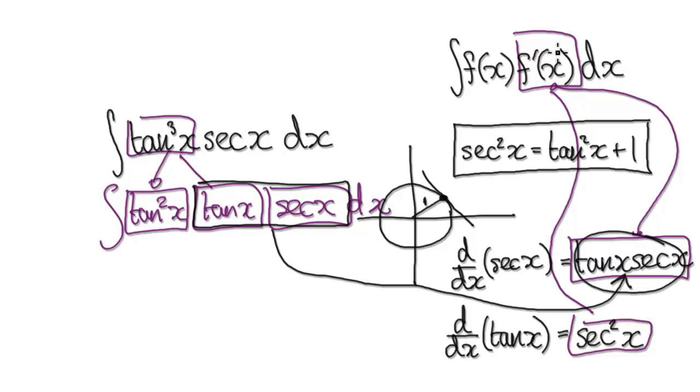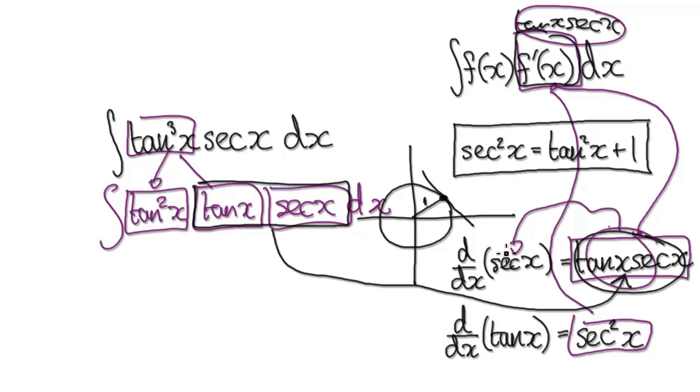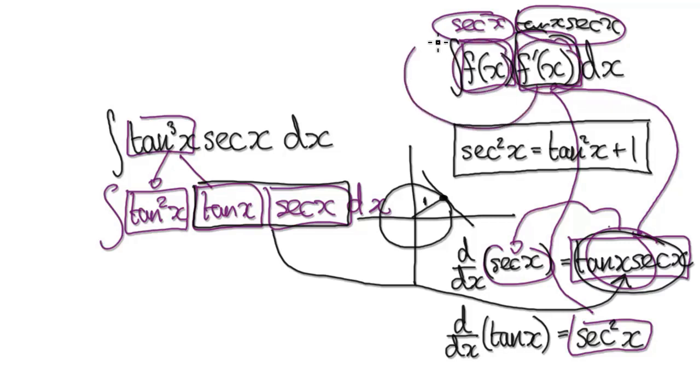This thing here is tan x secant x, and if you integrate this, it will give you secant. So if you can write everything in terms of secant, then you've got something being the derivative.